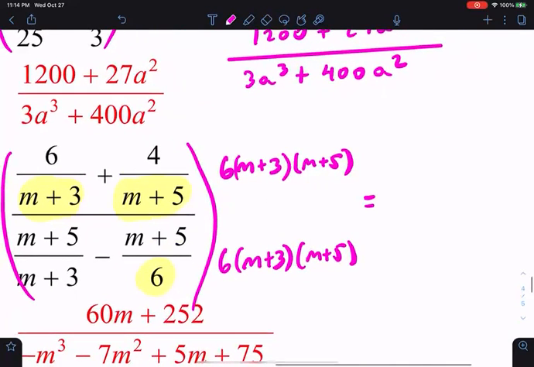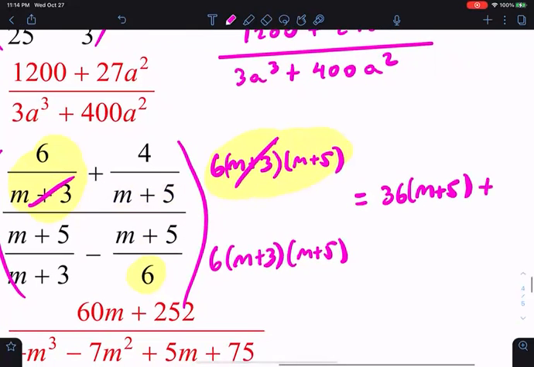So if we do the top, we get 6, because you're distributing basically the first term, right? This times this expression, so that this cancels with that, right? And then you get 36. If you want to do it right away, this is 36 times m plus 5.